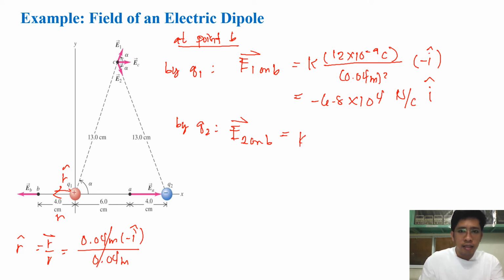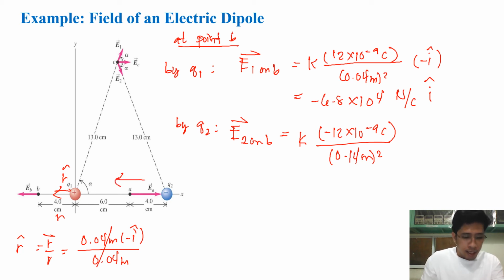So this is K times negative 12 times 10 to the negative 9 coulombs divided by 14 centimeters, or 0.14 meters, squared. And your vector R still points that way, so you still have negative I hat.